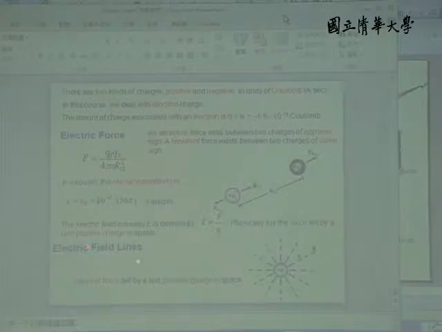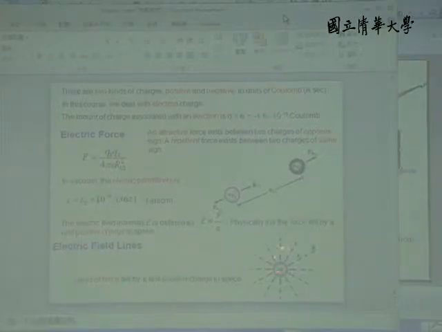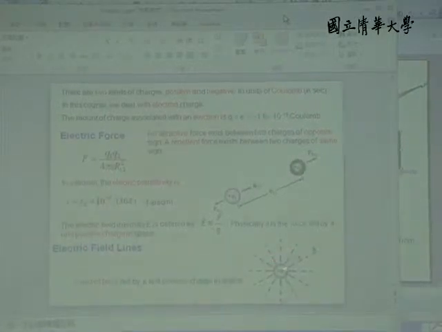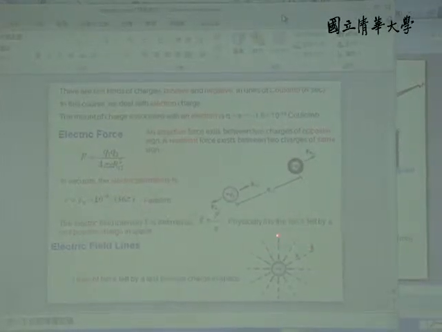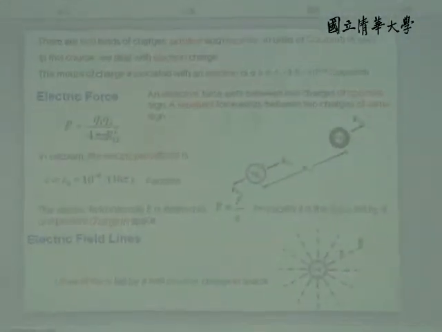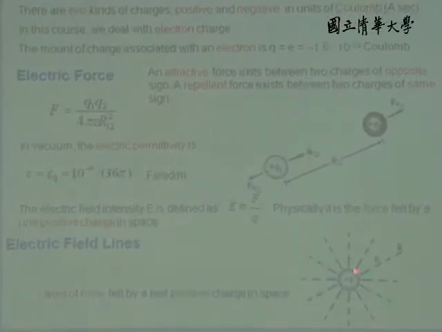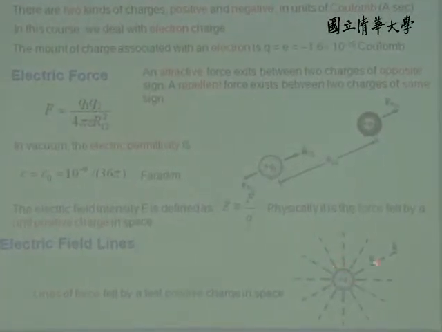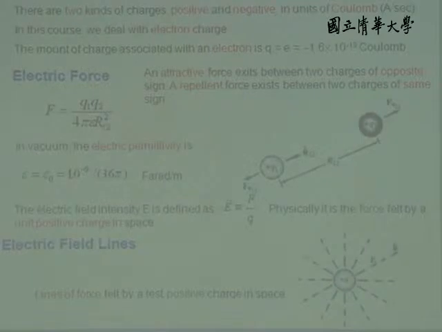Electric field line was defined to have direction and length. The direction is basically the direction of the force on a unit positive charge. And the length is proportional to the strength of the electric field.